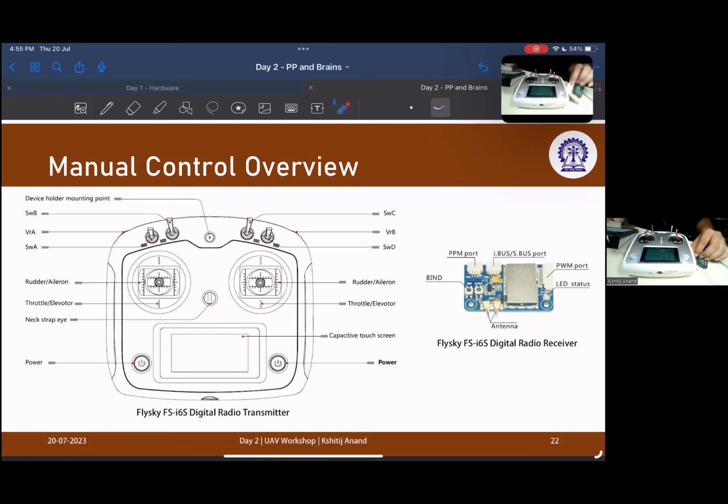Now, how do you connect the receiver to the transmitter? You need to power it up, and for that we need something called a battery pack. This is a custom battery pack that I have made. There are really nice, better battery packs at the lab back in IIT KGP, but I did not want to invest 4,000 or 5,000 rupees in buying a battery for myself.